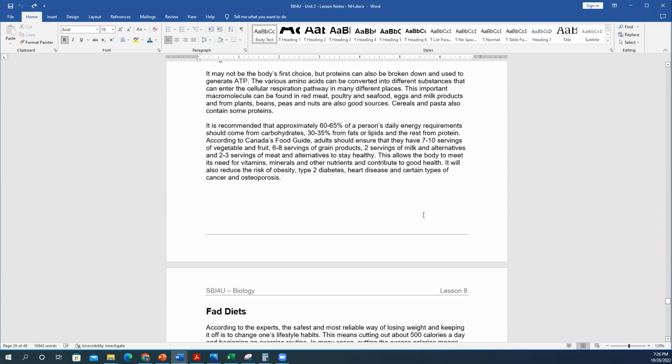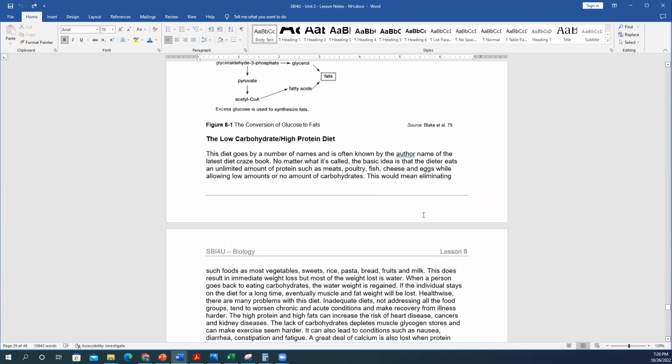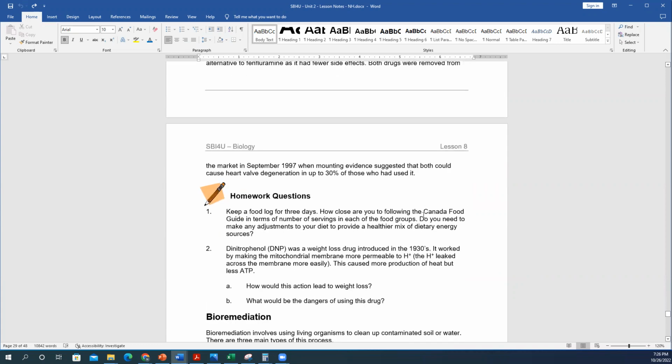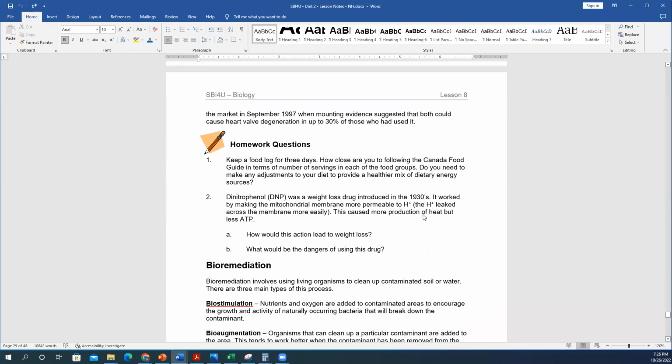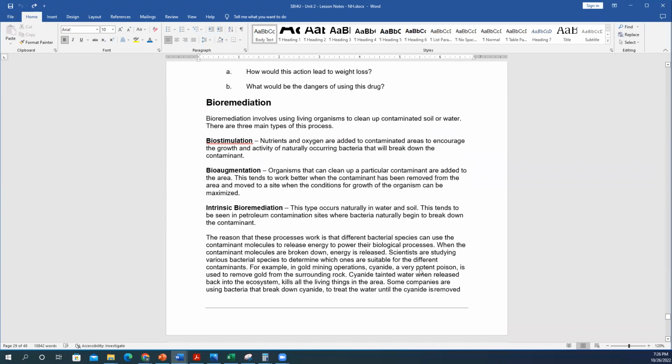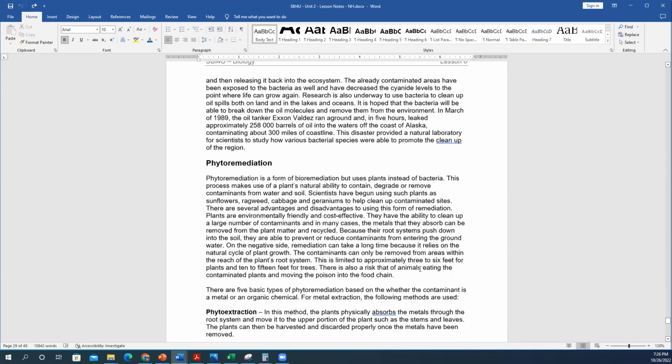We talked a little bit about nutrition and diets, different types of diets. And we talked about bioremediation and the use of living organisms to help to clean up contaminated soil or water.